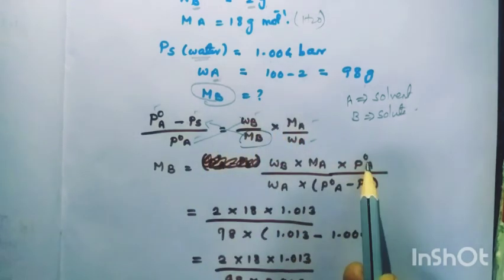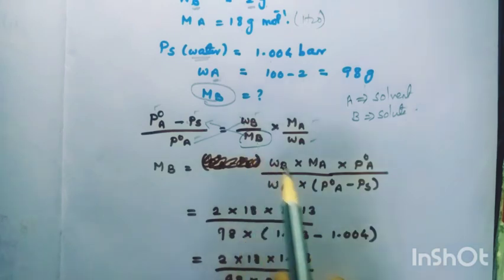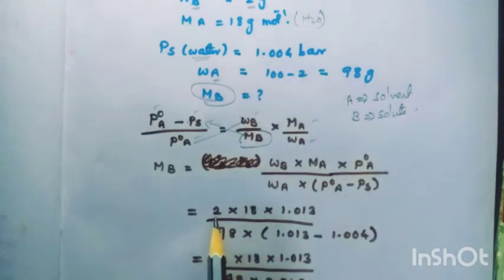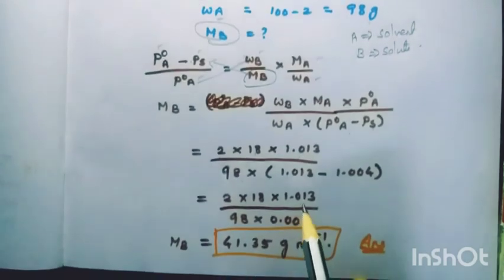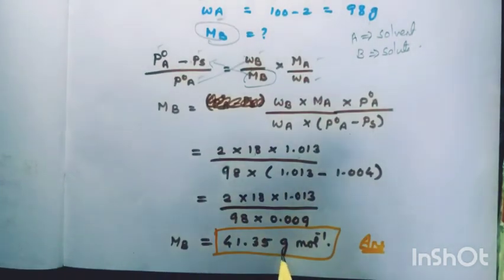This one comes there, P naught A. This comes down, P naught A minus PS. We have all these values, no? Solute 2 gram, solvent 18 gram, P naught A given, WA 98 gram, that is 100 minus 2, 98 into P naught A minus PS. So we get this. By calculating all these, our value is this one.